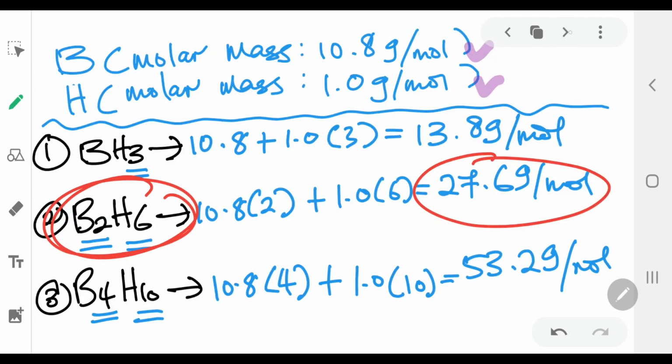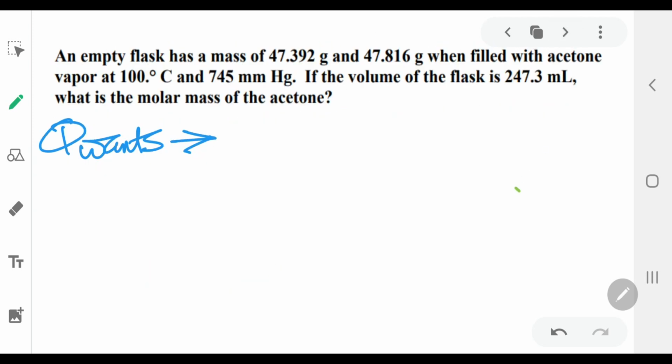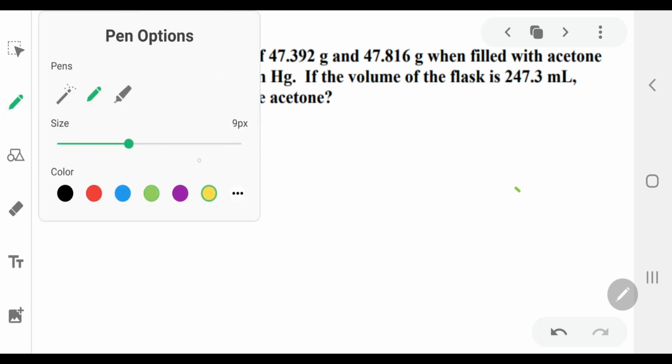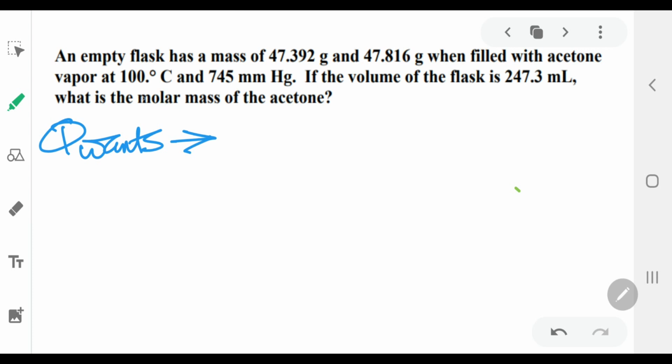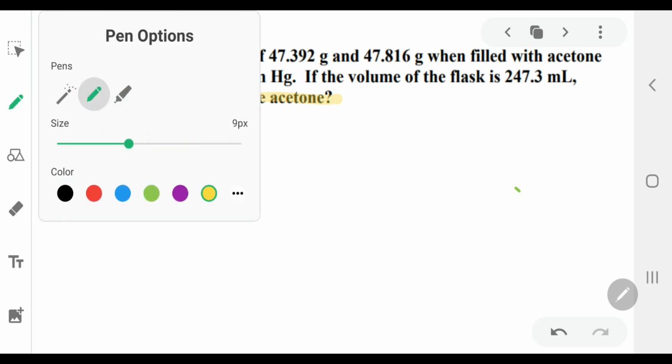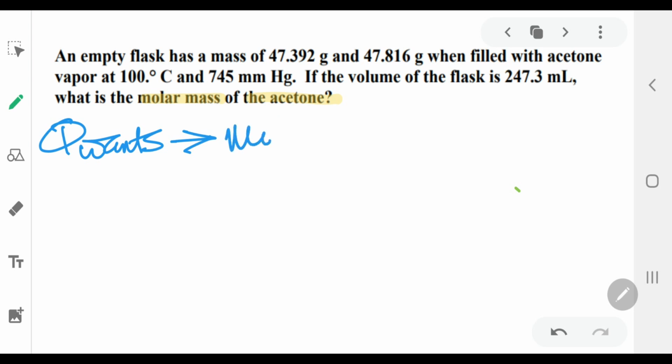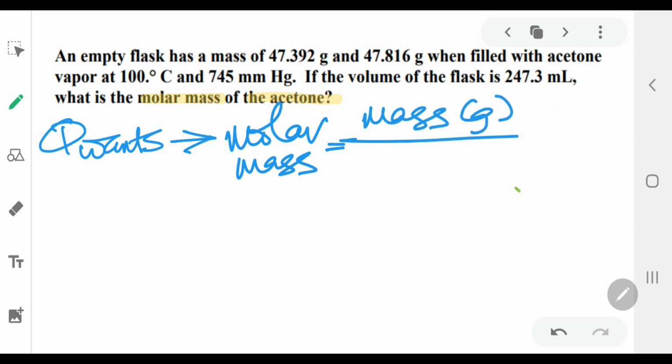Okay, so let's have a look at another one. The question wants you to find out the molar mass of acetone. Again, molar mass is mass in grams over mole.